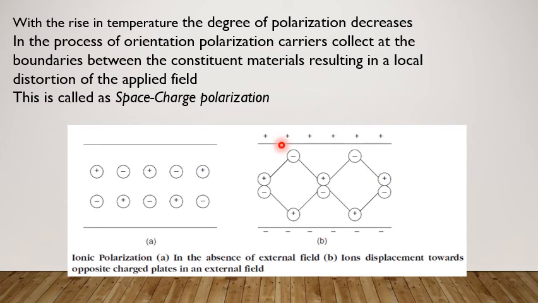A decrease in the electric field will take place due to this force of attraction. By increasing or decreasing the field strength, the carriers which are collected change, and this is called space charge polarization.